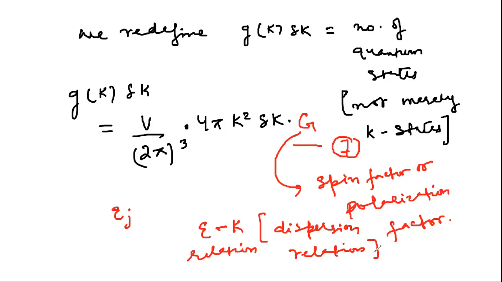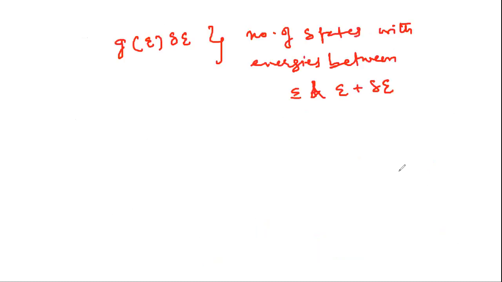Using that dispersion relation, we convert this k square and delta k to bring this into the energy form. Then we get the expression for density of states in energy. So you need to consider this.